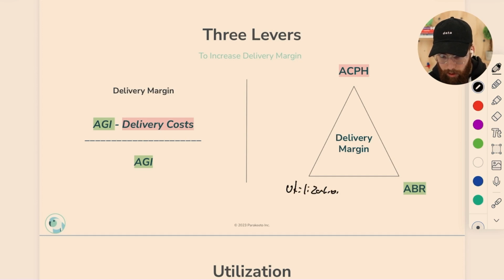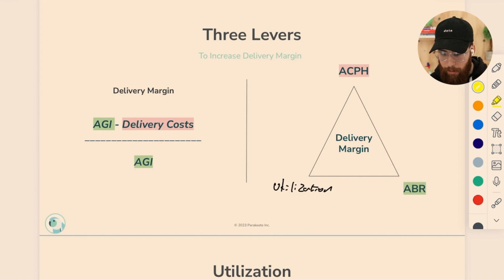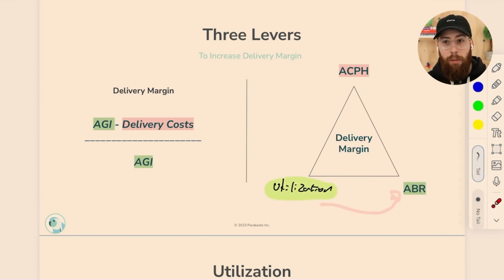And utilization asks the question of how much of the capacity that we buy from our team in bulk is being utilized to earn this average billable rate, right? So do we spend 20% of the time that we buy from the team making money, or do we spend 50, or do we spend 80? And of course, the more time that we buy from our team is being deployed against earning revenue for the business, the more efficient that business is at leveraging capacity into revenue.